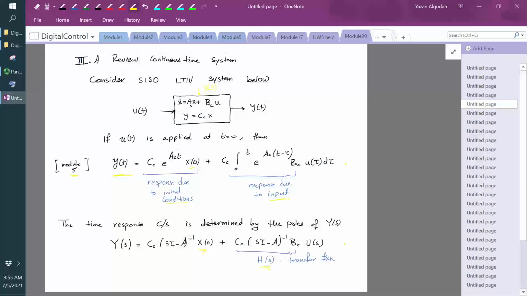Remember, the transfer function is the output over the input when the initial conditions are set to 0. So if I set the initial conditions to 0, then Y of s over U of s is H of s, which is given by this. I have a subscript c here because this is continuous, so all the A, B, C have a subscript c in them.